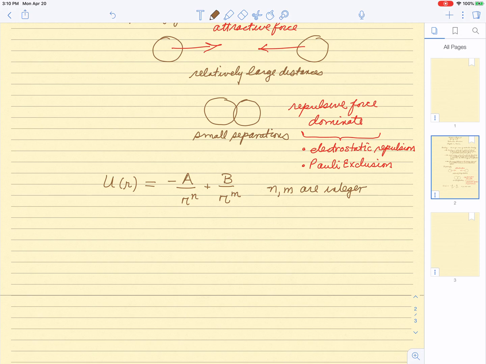Not clear that they should be integers, but that's how it works out to be. And so this is the attractive piece. And this will be the repulsive piece.